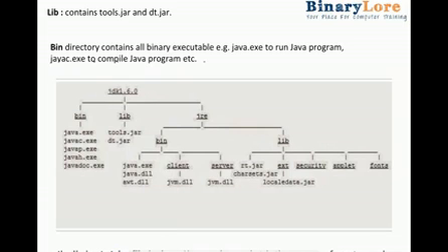Now the second question is, what is the bin folder, what is the lib folder, and what is JRE. You can understand with this tree structure. You have JDK here. It includes three folders: one is bin, another is lib, another is JRE. In bin you have all the exe files like javac, javap, and javah. We have just used javac. It includes your binary files, which are our executable files. Then you have the lib folder in JDK, which contains some dt.jar, tools.jar.